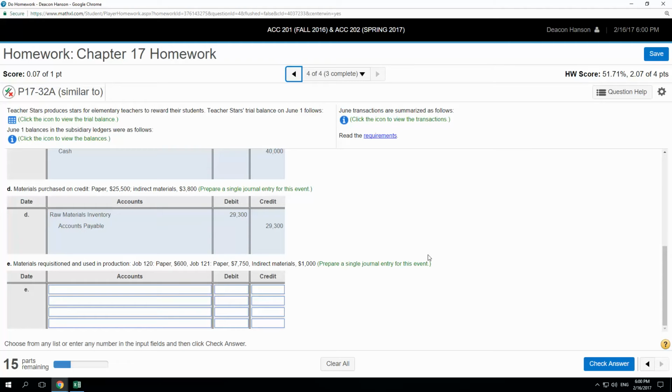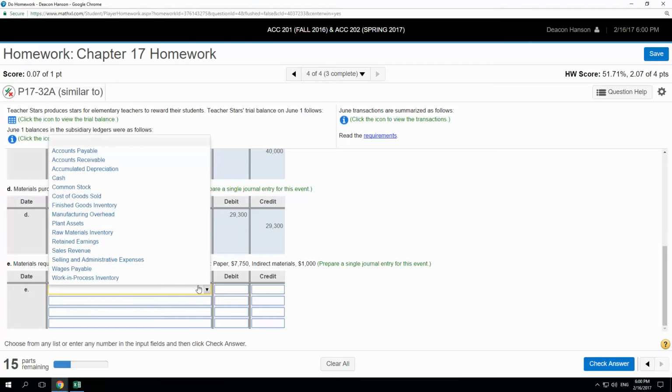Now they're telling me materials requisitioned and used in production, and they're telling me what jobs it goes to. So job 120 is getting $600 worth of paper. Job 121 is getting $7,750 worth of paper, and then indirect materials are 1,000. So we're going to prepare a single journal entry. We got to go work in process.